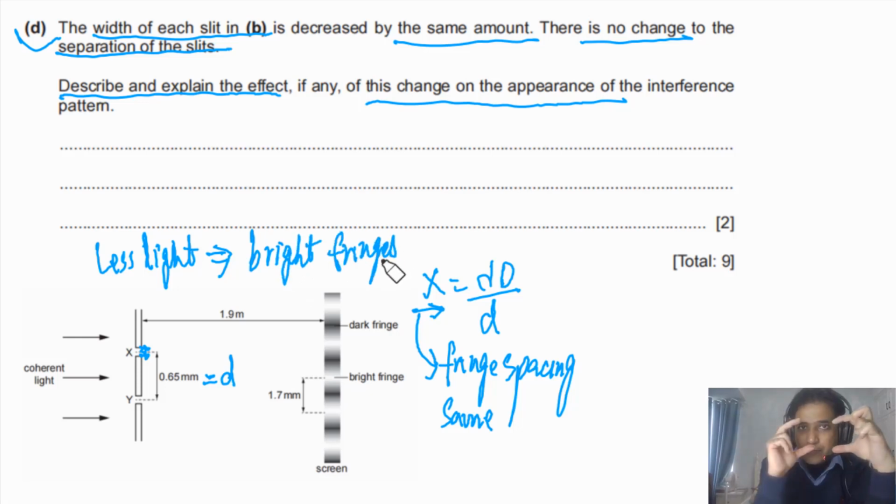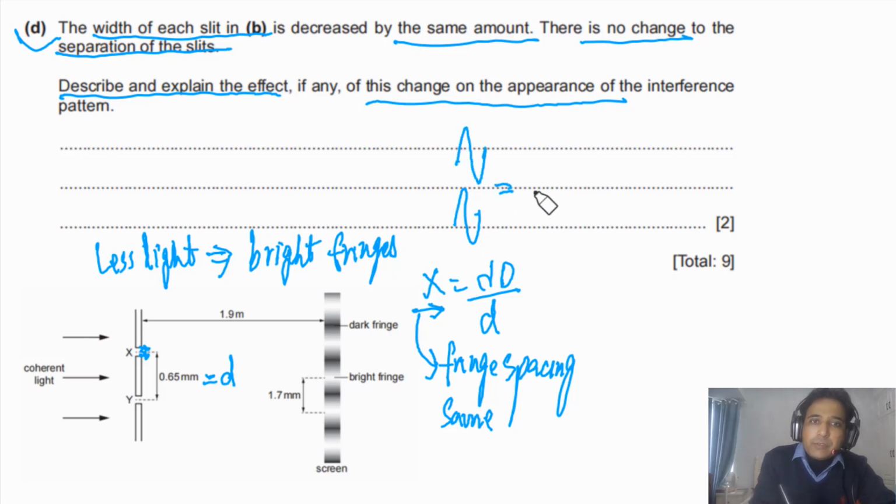Because when bright fringes are formed, they are formed due to constructive interference between two waves coming from these two slits. If the incoming waves have smaller amplitude, the resultant amplitude also will be smaller. So let me explain this one in a slightly different way. First of all, you can imagine we have waves coming with this amplitude, so the amplitude is this big.